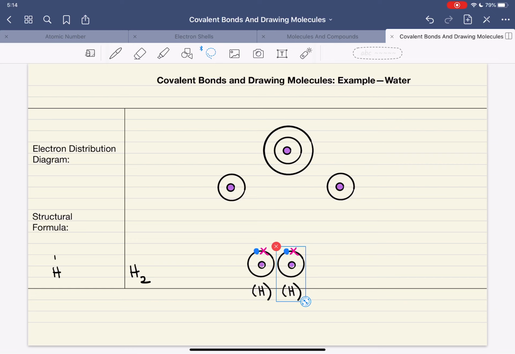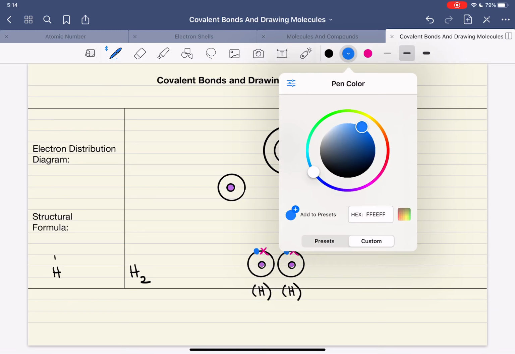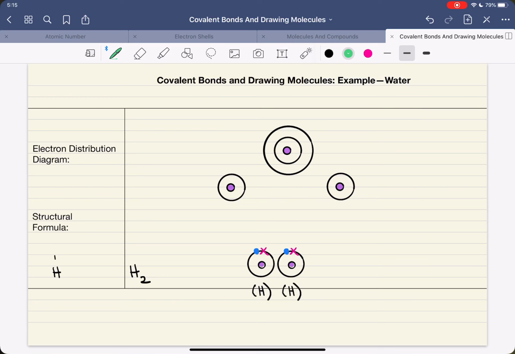Let's use a different color, green. They can actually share, and I'm going to put a circle around it, those 2 valence electrons.